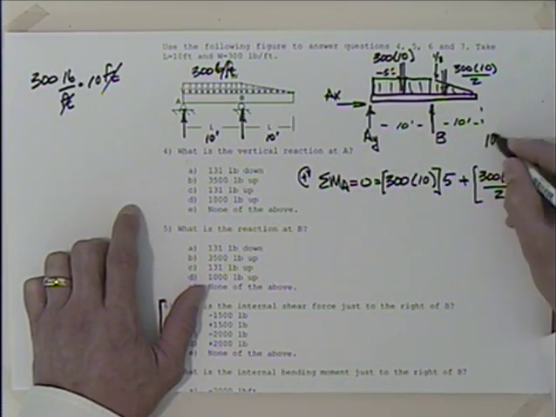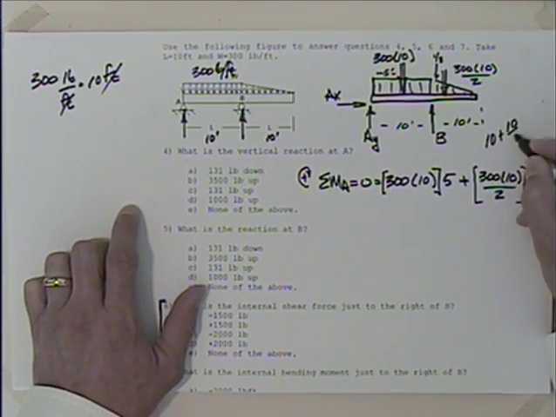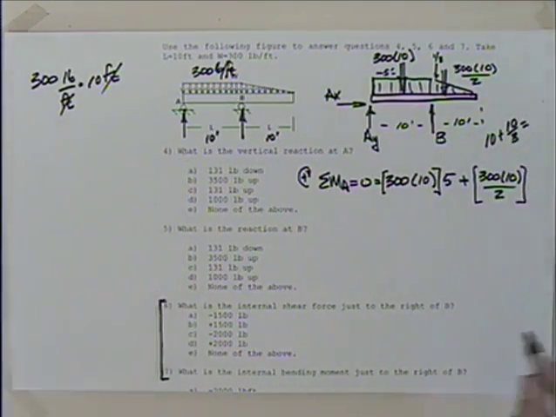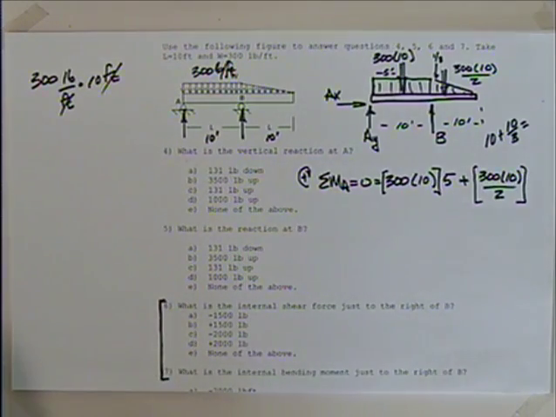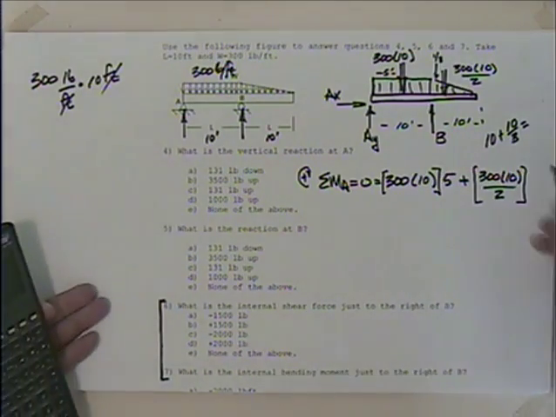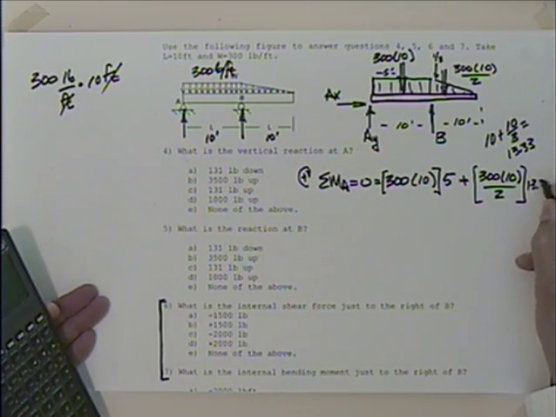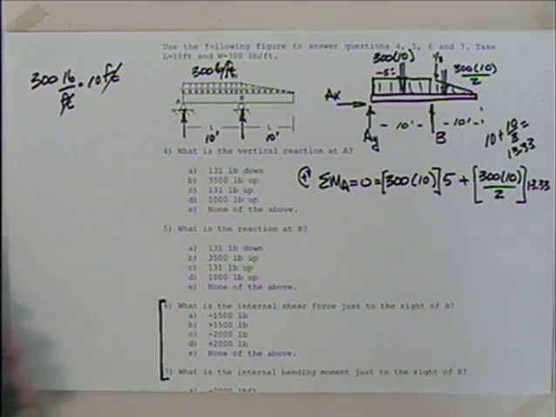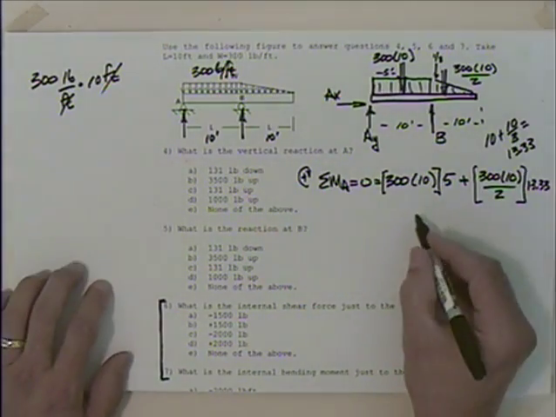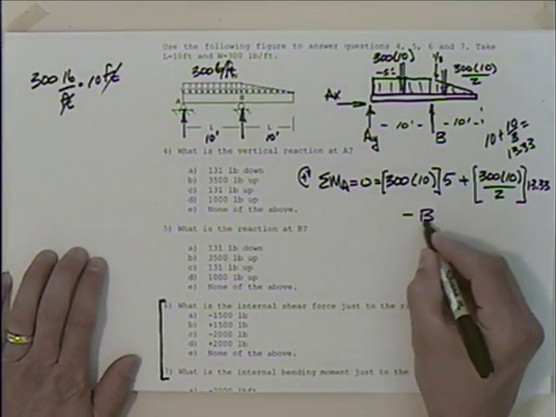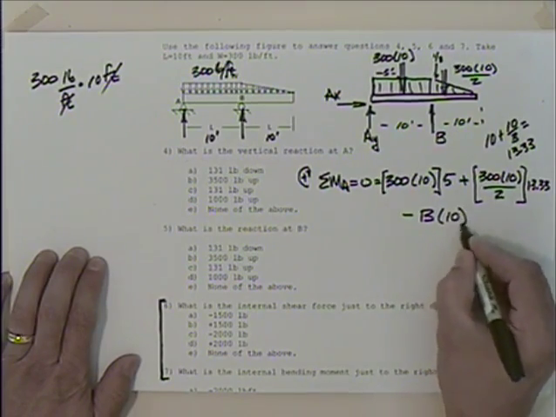So 10 plus 10 over 3 gives me what? 13.33. Probably should have known that. So I have 13.33. Okay. And then I've got to subtract what? B times the distance that is acting through of 10.